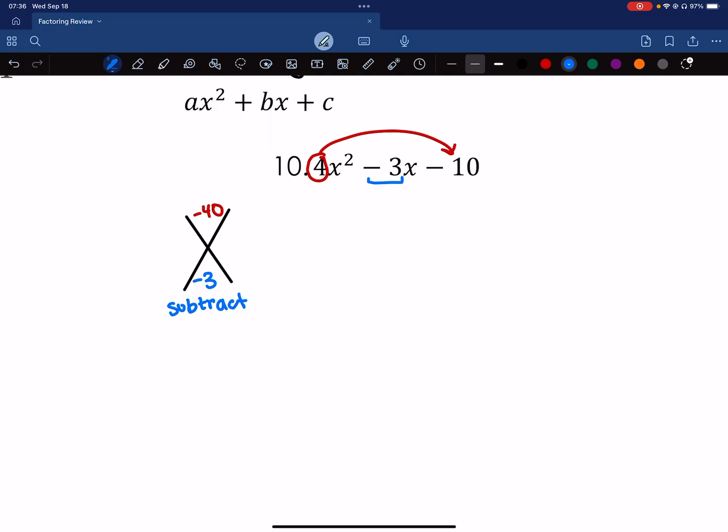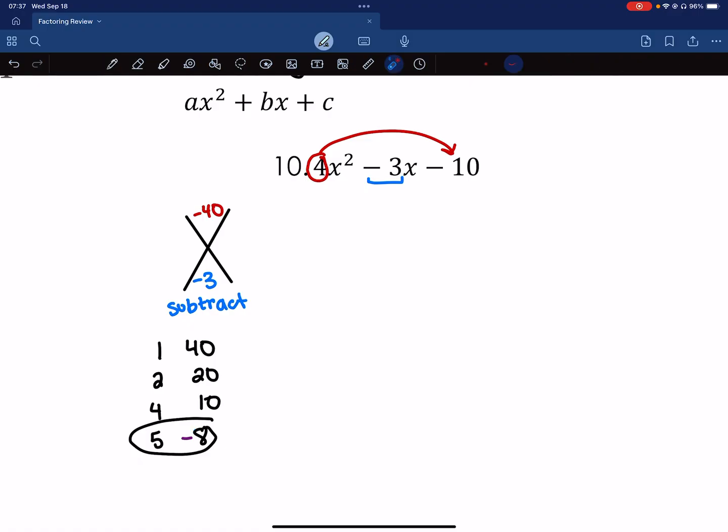Okay, so let's see what we can multiply to get 40. We have 1 and 40. We have 2 and 20. We have 4 and 10, and 5 and 8. Okay, we want to subtract and get 3, which would be this combination, but it needs to be a -3, so my bigger number needs to be negative.